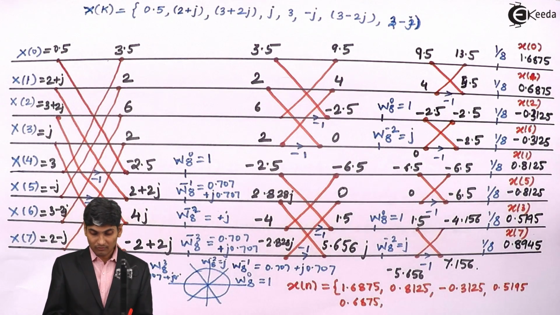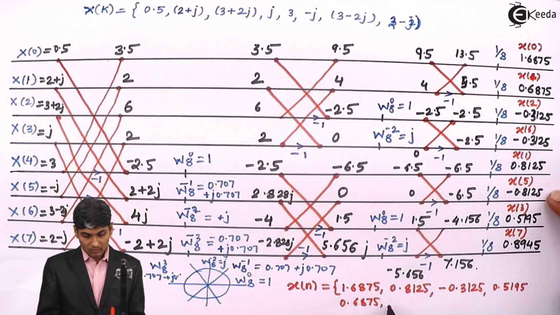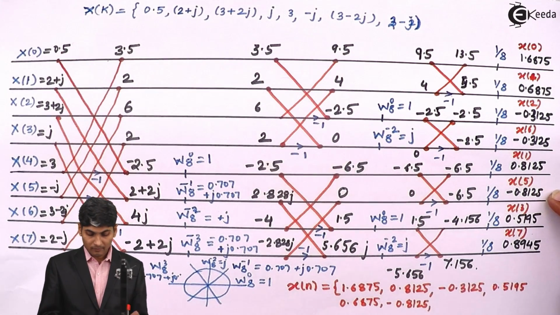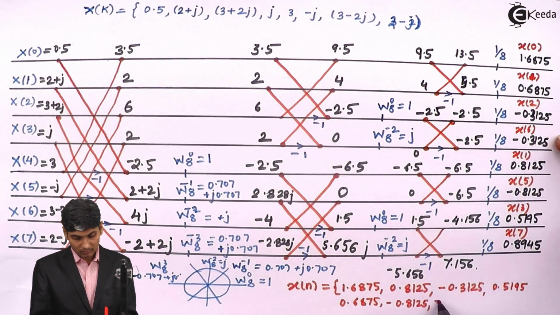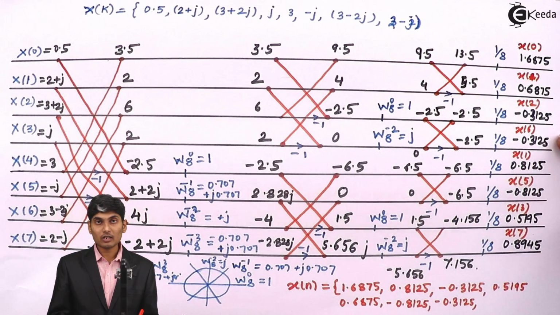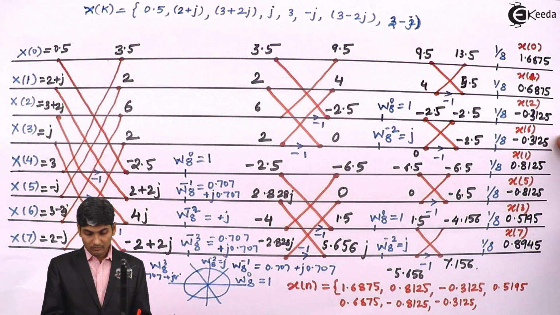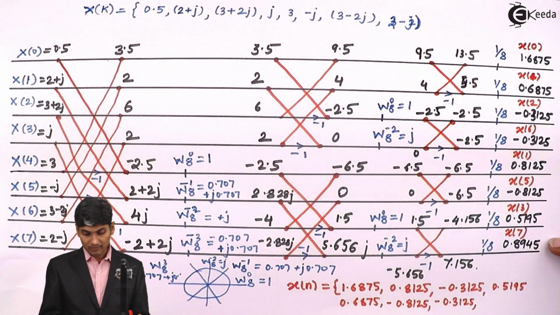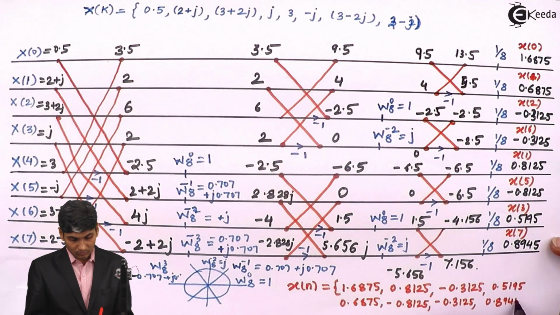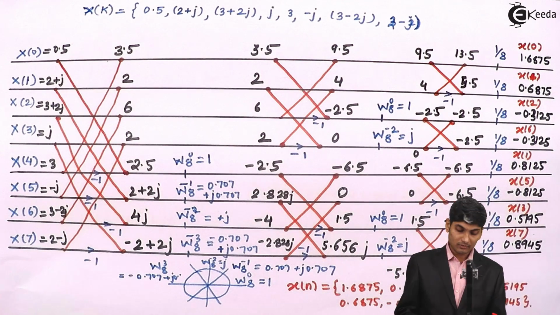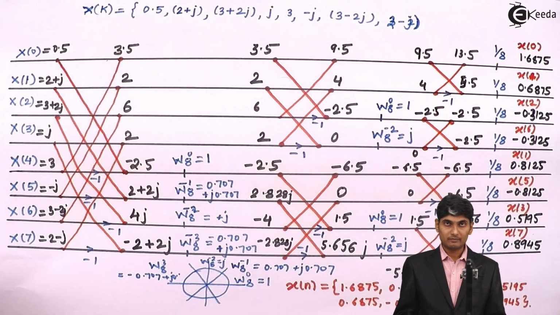Then x of 5, which is over here, minus 0.8125. Then x of 6, which is over here, minus 0.3125. And finally x of 7, which is over here, 0.8945. That is our x of n. Thank you.